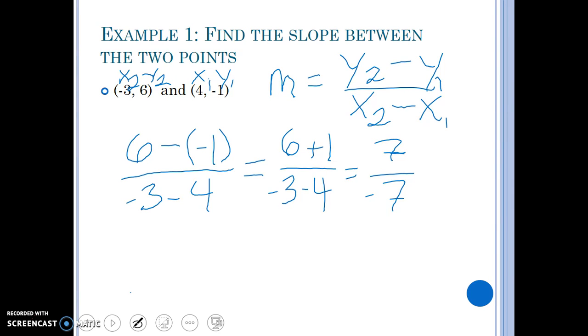Now, think about this for a second. We want to reduce any fraction that we get as a slope. So we need to look at 7 over negative 7 and reduce that fraction. They both have 7 in common, as you can well see. So 7 divided by negative 7 is simply negative 1. And that's our slope. Take a second to copy down this example.